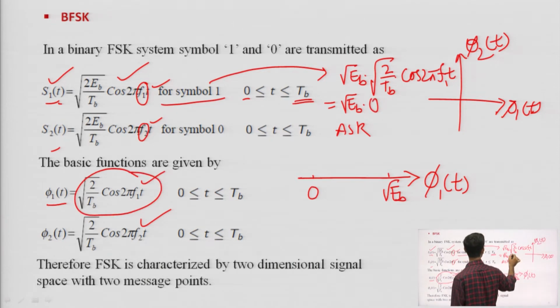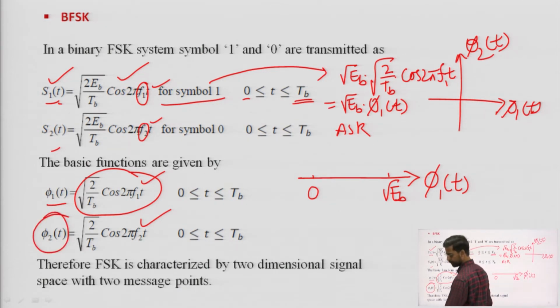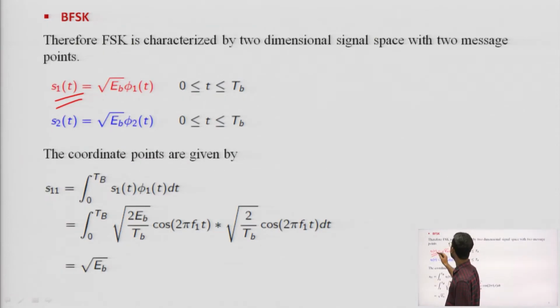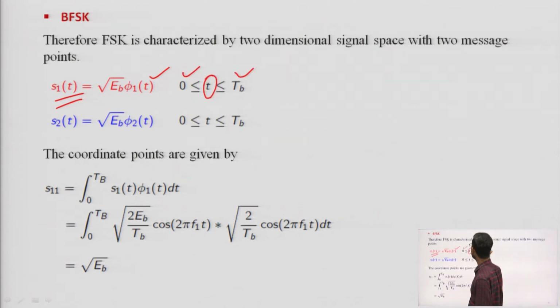Similarly, S2(t) is root EB times root(2 by TB) cos 2 pi F2 t, which is root EB phi 2(t). So again the symbol period lies between 0 and the bit period, and the coordinate points are given by S1(t) and S2(t).